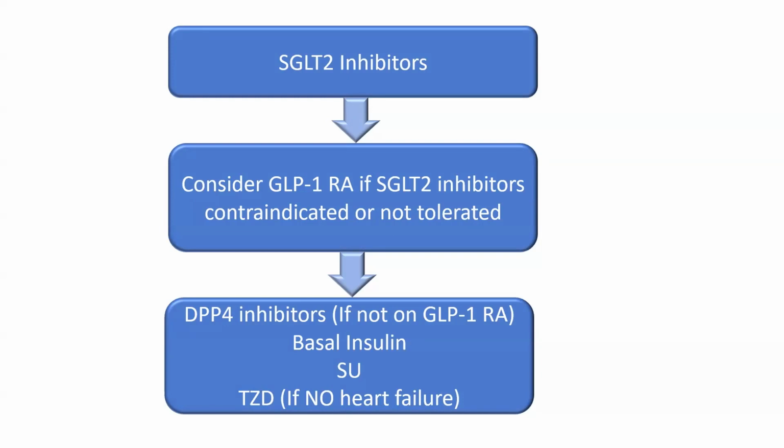Or else you can start a basal insulin or a soluble insulin. If there is no heart failure, this is for CKD. So that is the general algorithm that we follow for these patients: an SGLT2 inhibitor, and even with that, if it is not controlled, add a basal insulin.